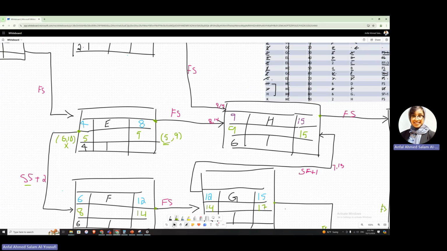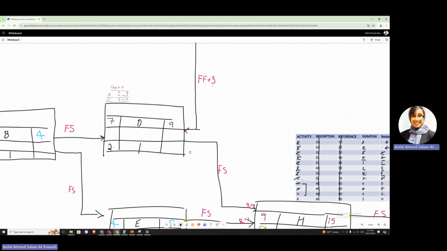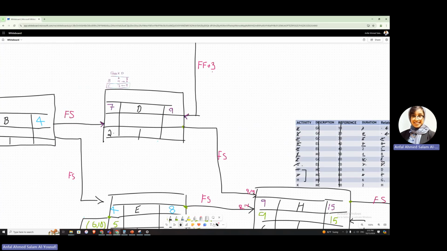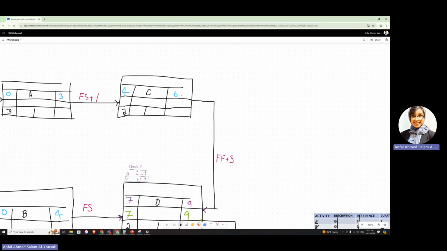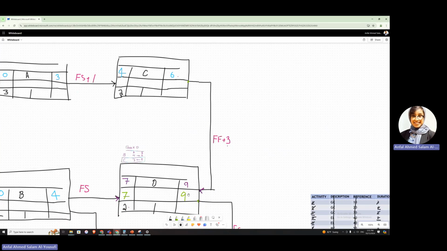Okay, let's go do the other one, which is D. For D, we're only having one output, which is finish to start. And our output in here is giving us a 9 for D. So I can simply write 9, and 9 minus 2 is 7. Okay, I can come in here. Let us solve for this first. For C, we're having one output, which is coming from here, and it says the late finish is 9.